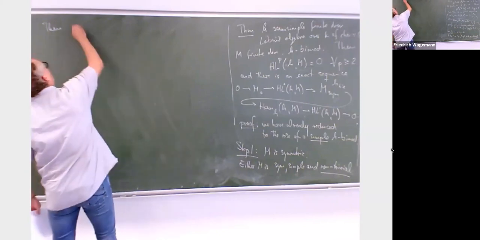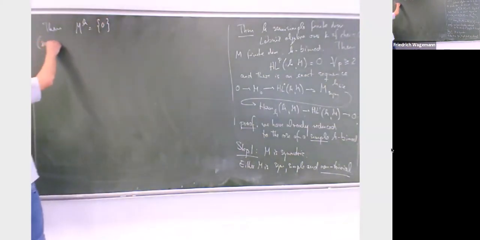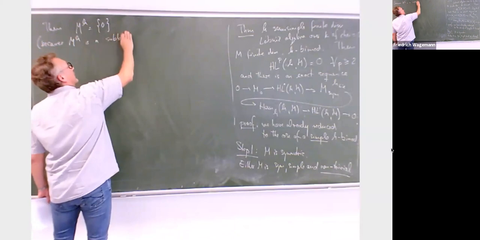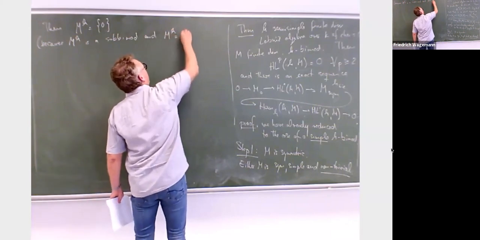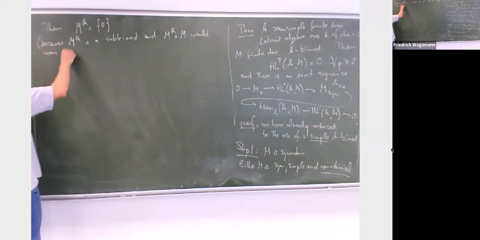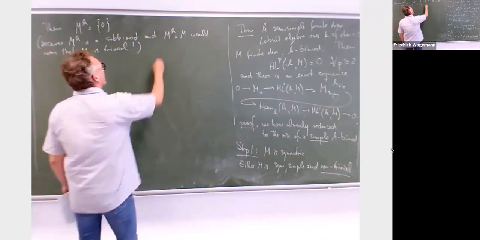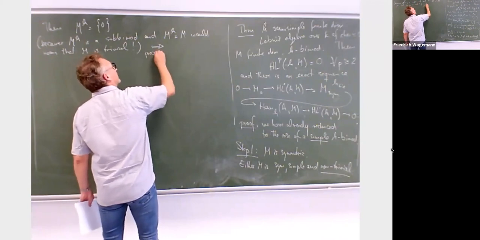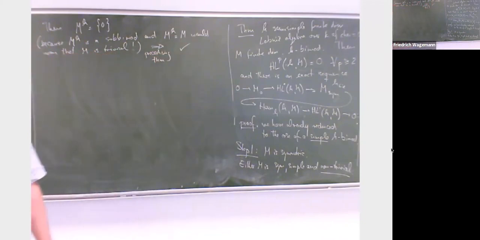Then M^H is 0, because M^H is a sub-bimodule, and M^H equal to M would mean trivial, and therefore the theorem follows from the preceding theorem.